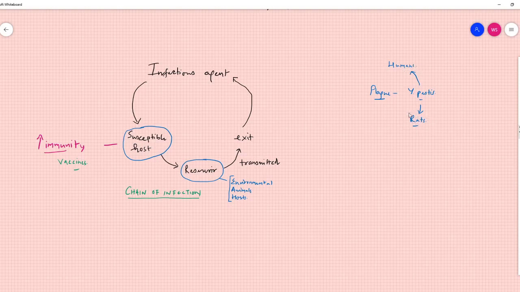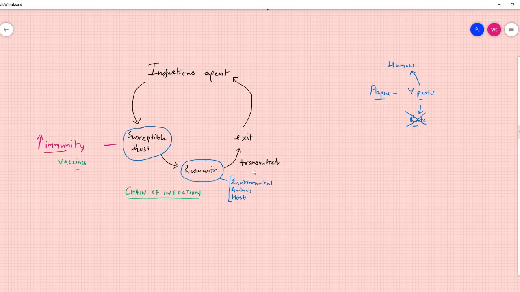So in the environment, the rats are the reservoir and humans become the host. So if we can eliminate rats, then we potentially stop the Yersinia pestis getting into humans. So we can interfere at the level of the reservoir.